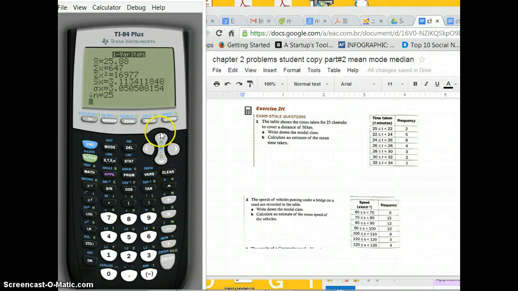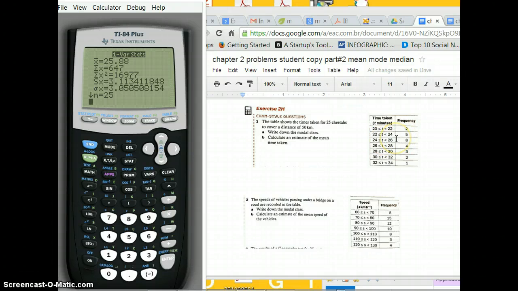Now I do Calculate. Okay, so the mean time that cheetahs take to cover 50 kilometers is going to be x̄, which is 25.88 minutes. So it would be somewhere around here.